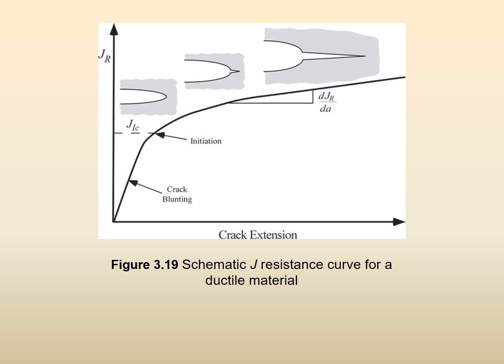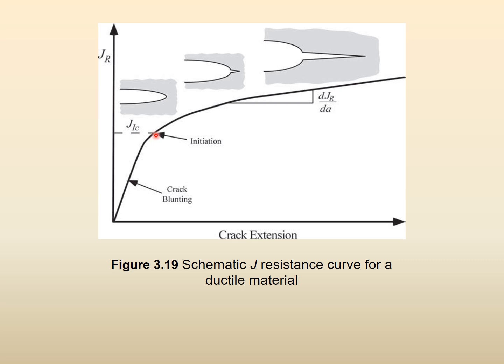Okay. So now the J resistance curve against the crack extension. Initially there is a straight line region, which they said is the crack blunting region. And then as J increases a little more, there is a critical value, J1 critical, the fracture toughness of the material.